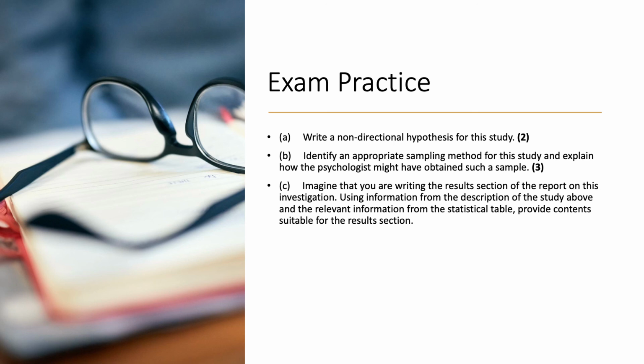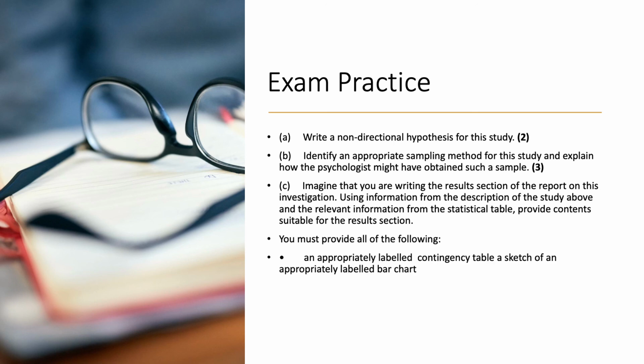And then this next bit is worth 12 marks. So you're going to be asked to complete a few things. The first one is to draw a contingency table. A contingency table is just going to tell me the frequency, and it'll become clear when you read the question, but basically it's to do with the participants. So I want you to tell me how many participants there were in each category.